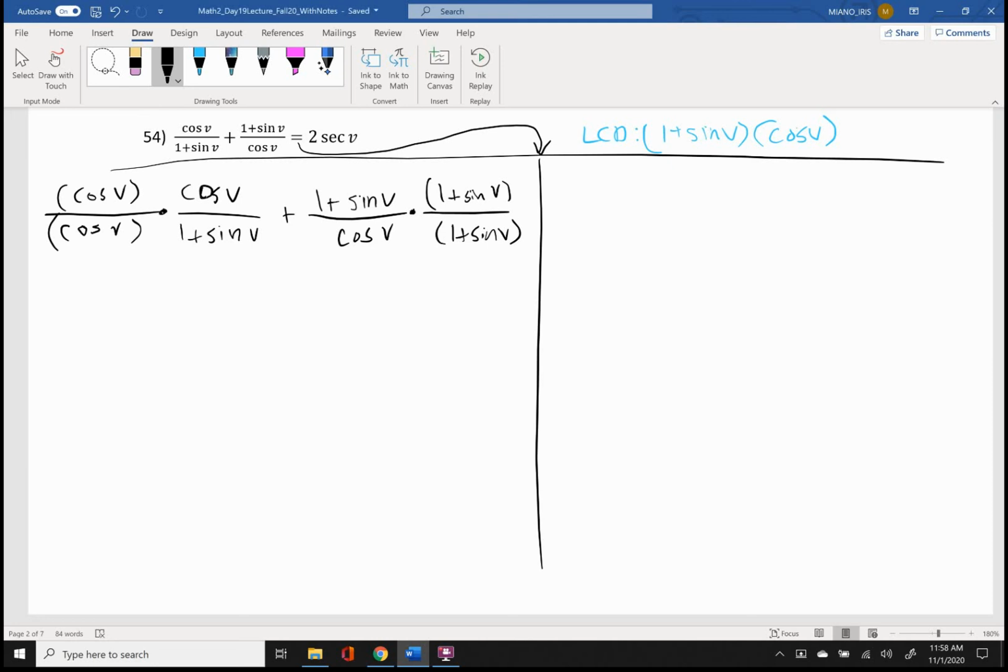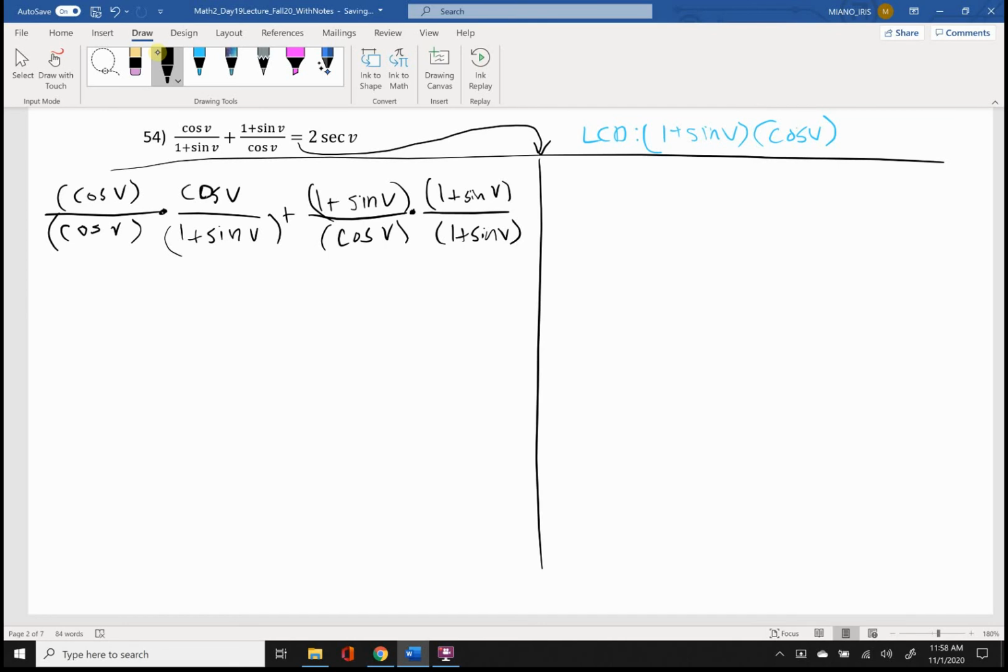Well, I'm going to multiply out this binomial business over the same denominator of cosine V times 1 plus sine V. We could put more things in parentheses if we really want to. In any event, this is what it'll look like once I multiply these out too.